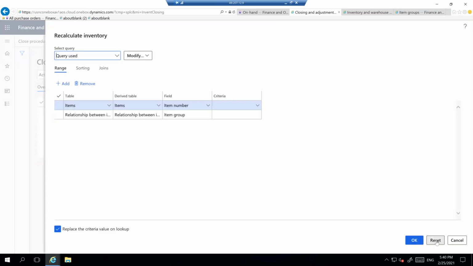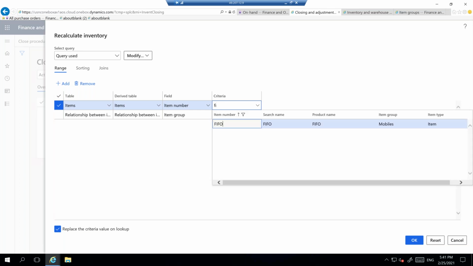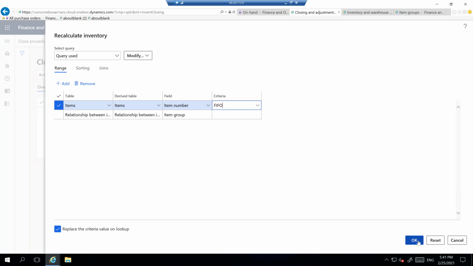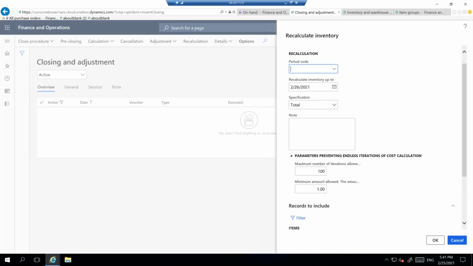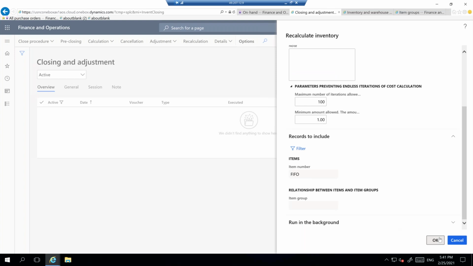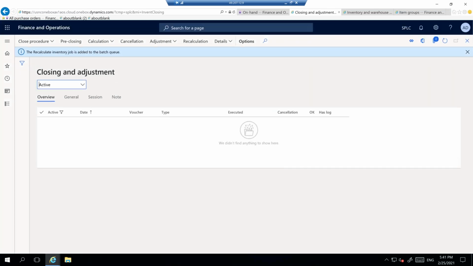Let me reset first. Okay, let me map for FIFO. Okay, it is a refresh issue only. Now it is executed. The inventory recalculation job is added to the batch.